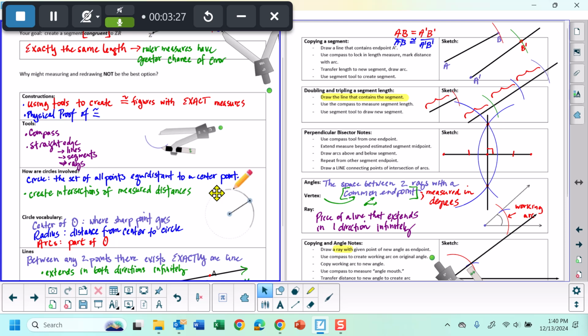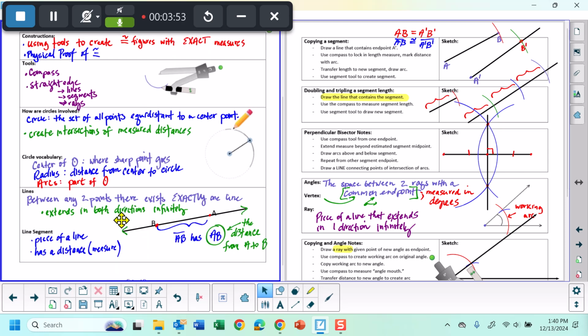The inside of the circle and the center of the circle are not part of the circle. The circle is only that path of points that goes in that arc around a singular point. And the compasses help us measure those distances and draw these arcs so that we can find intersections to create the figures that we're learning about.